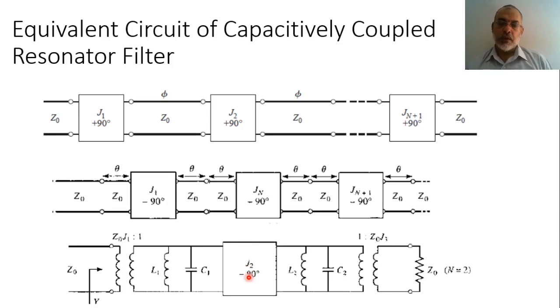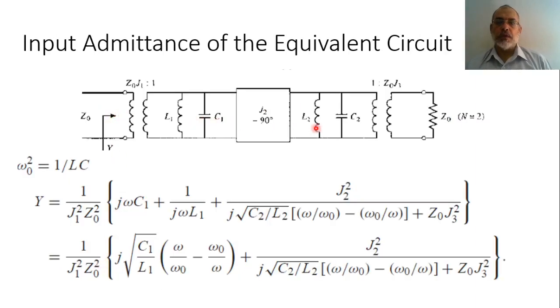If we remember, we have calculated the input admittance of this network, and we said that it is 1 over the turns ratio of the admittance inverter J1 squared, multiplied by the input admittance of L1 C1, which is j omega C1 plus 1 over j omega L1, plus the admittance seen from the second inverter.